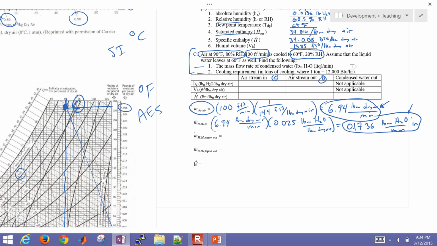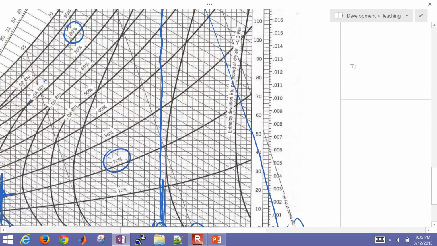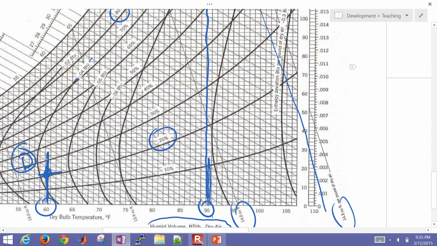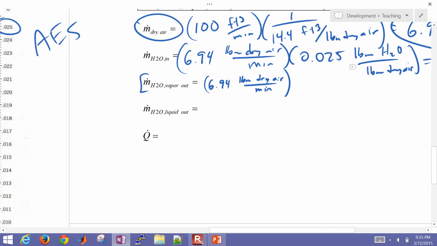So now we want to compute the water vapor that's leaving. This is going to be 6.94 pound mass dry air per minute. We know that that is not going to be condensed or consumed. Then let's go over here and get, it's going to be about right here, the pound mass of water per pound mass of dry air.